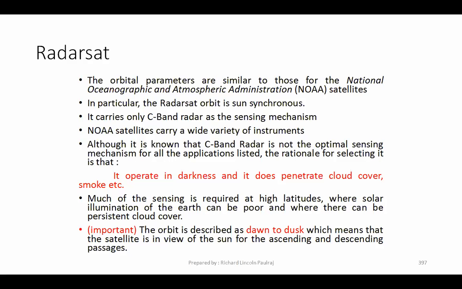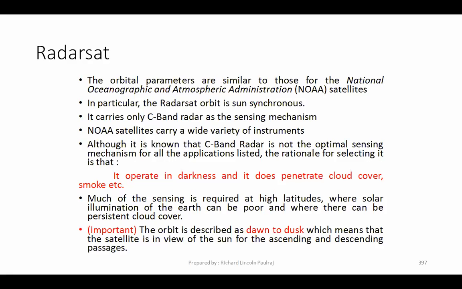But with C band, that's the advantage: it can penetrate through clouds and there is less loss. Much of the sensing is required at high latitudes, where solar illumination of the earth can be poor and where there can be persistent cloud cover. Wherever it is densely covered with clouds, C-band frequencies will help us in remote sensing.